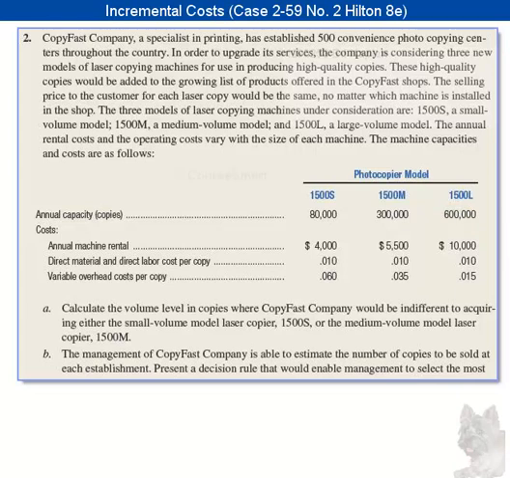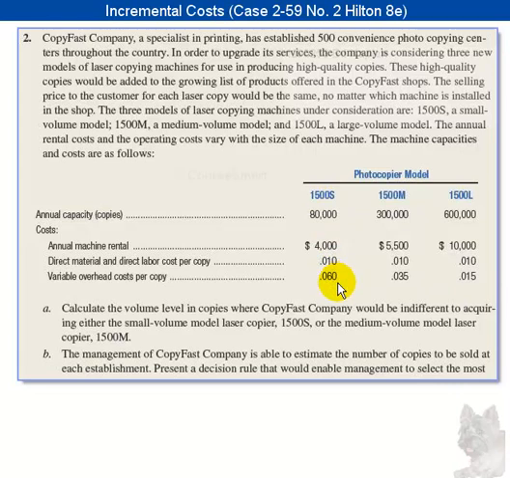Alright, now on part A they say calculate the volume level in copies where CopyFast Company would be indifferent to acquiring either the small volume model laser copier, the 1500S, or the medium copier, 1500M. Alright, so let's tackle that one. Now keep in mind the direct material cost and direct labor cost per copy of the 1500S is 10 cents and variable overhead cost are 60 cents.